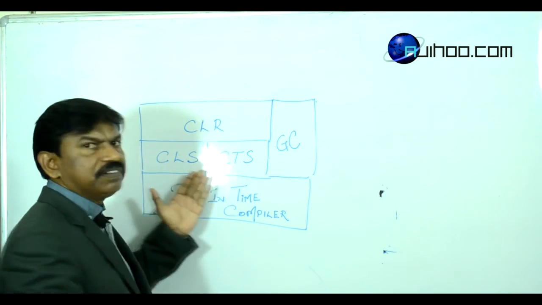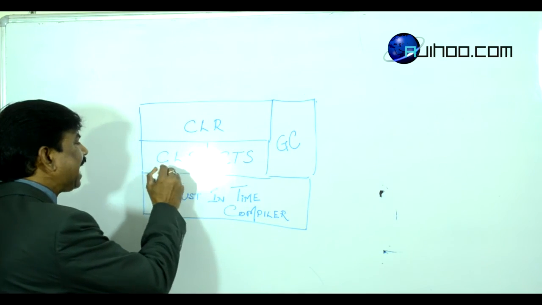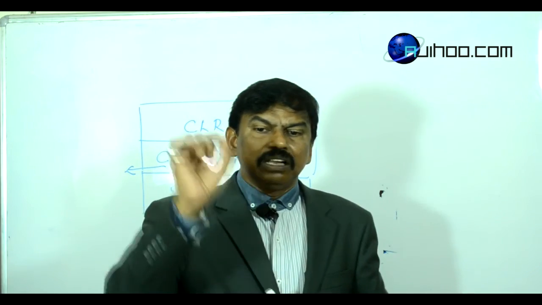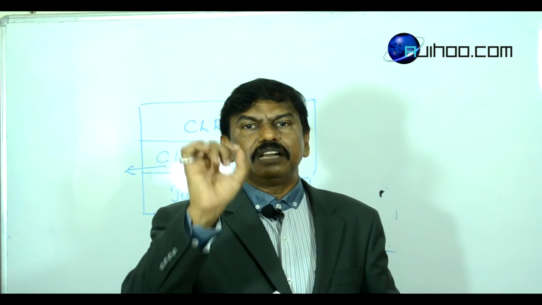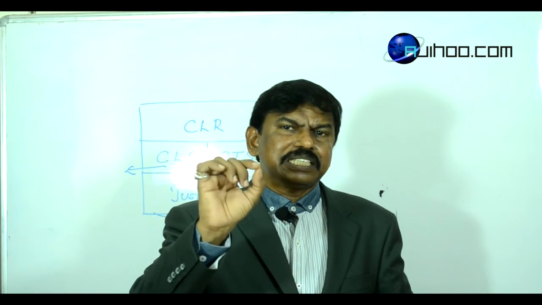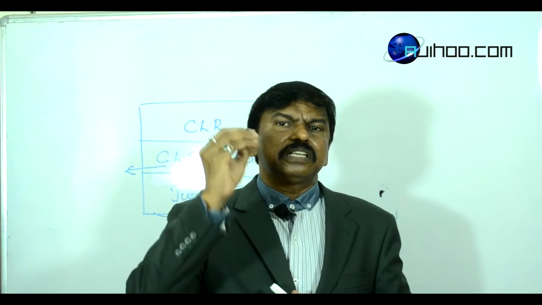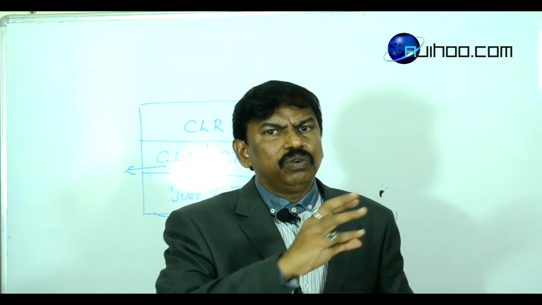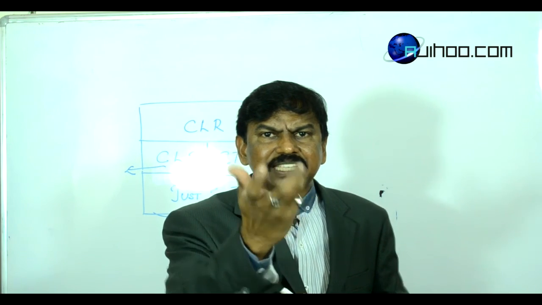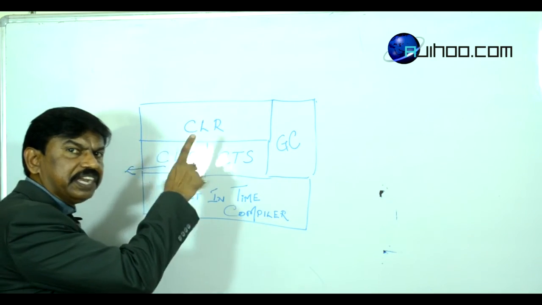This common language specification will understand the syntaxes of any language. There are 61 languages defined by different organizations in the world. These 61 languages will have 61 types of syntaxes. So if you give any language, that language syntax can be understood by common language specification.